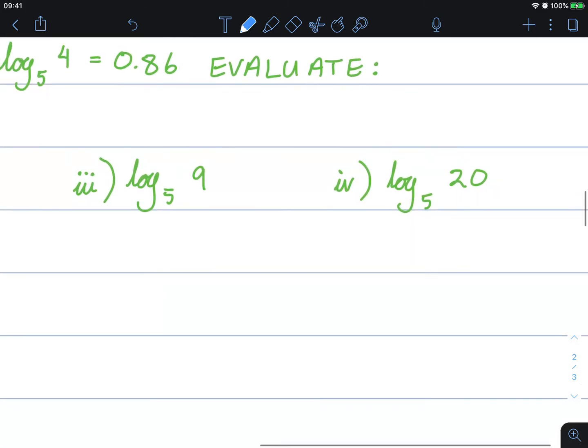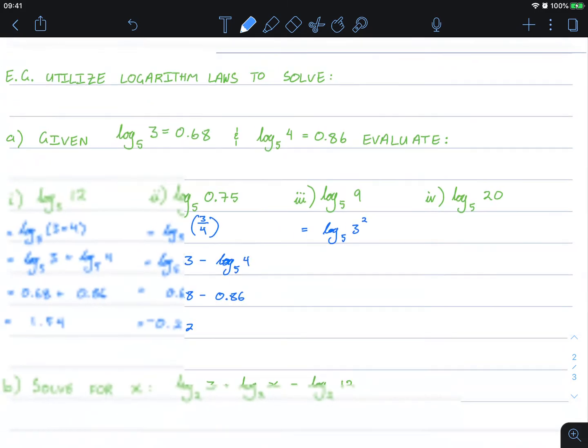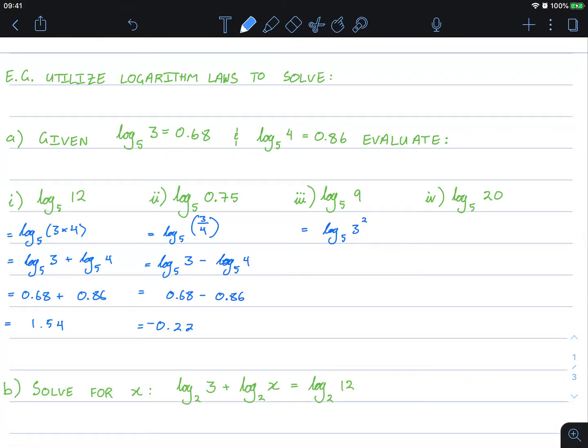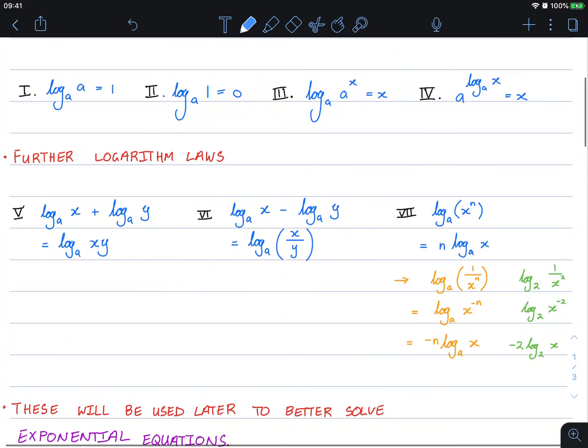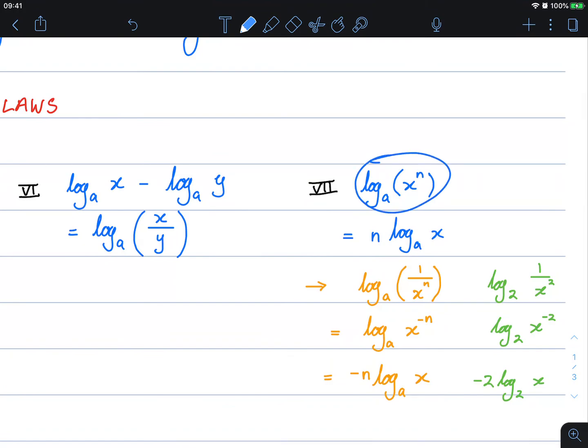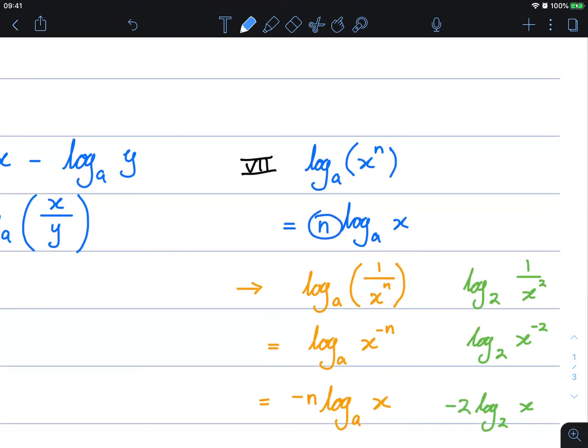Here we go. Log base 5 of 9. Well, I know that this is log base 5 of 3 squared. And because we know that to be 3 squared, we can move that power as a coefficient of the whole thing.